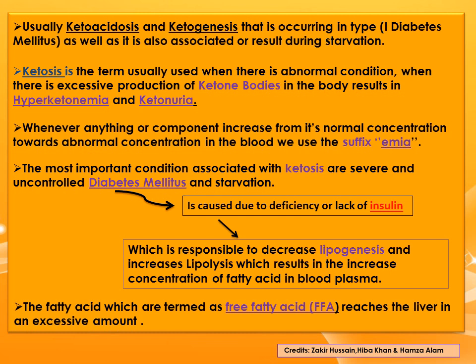In diabetes mellitus, a deficiency or lack of insulin is responsible for a decreased lipogenesis and an increased lipolysis, which results in an increased concentration of fatty acid in the blood plasma.